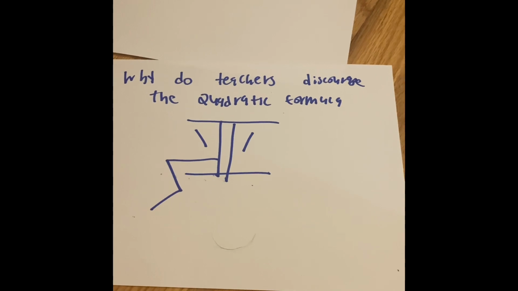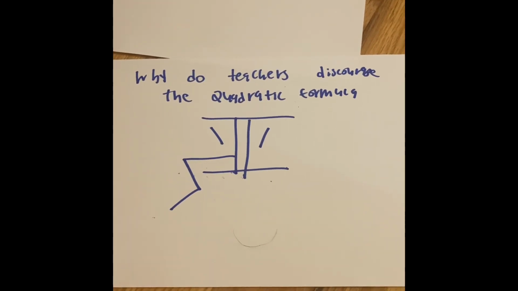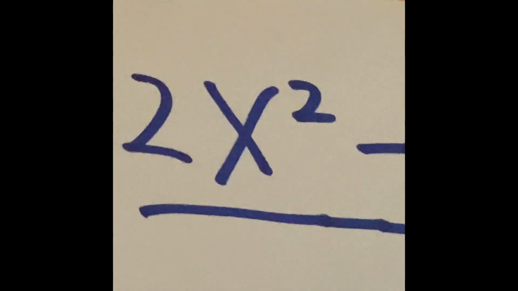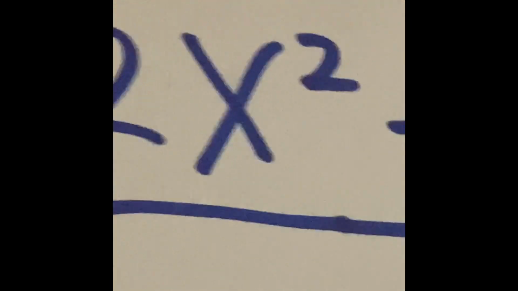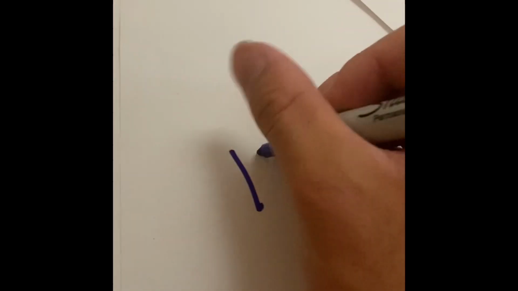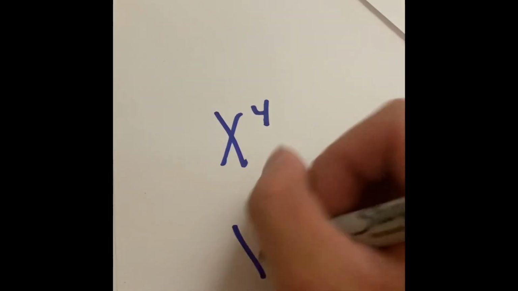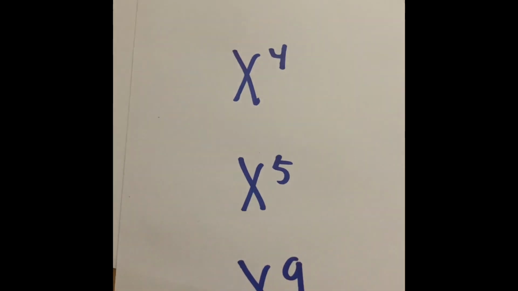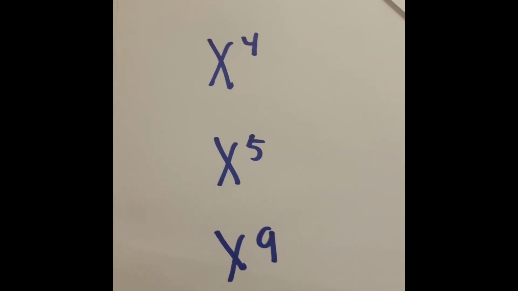We use the quadratic formula when we have a coefficient other than 1 and the quadratic has a square. But sometimes you'll have to factor things like x to the 4th power, or x to the 5th, or even x to the 9th, which the quadratic formula cannot handle.